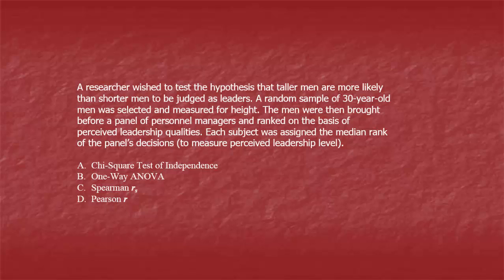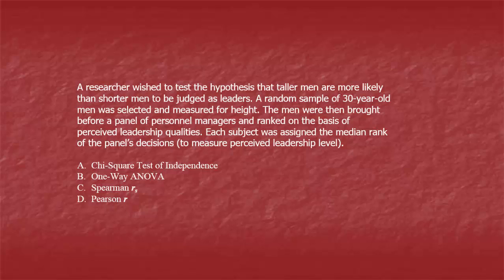So by saying they were assigned the median rank, even though it's a median, is that going to be nominal, ordinal, or some kind of continuous scale variable? Because it's a rank, even though it's a median, that means it's ordinal. So that variable is measured on an ordinal scale. It's a rank order scale.